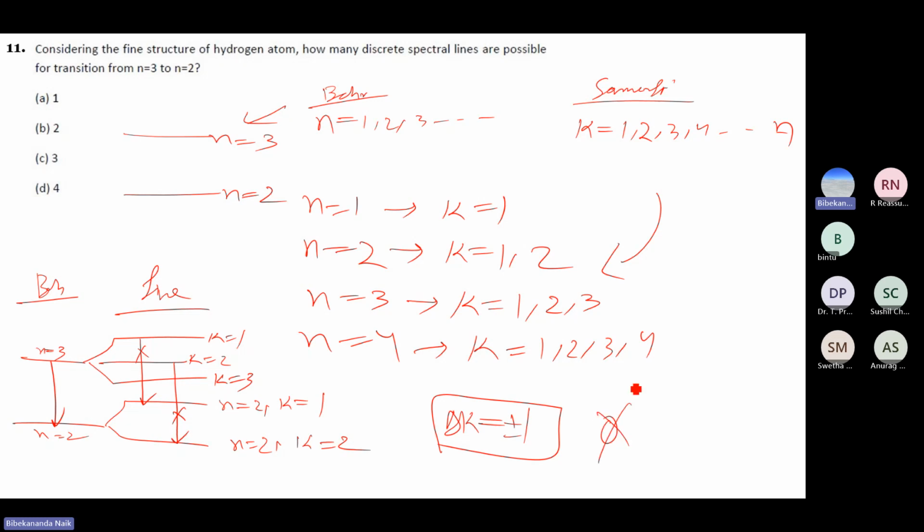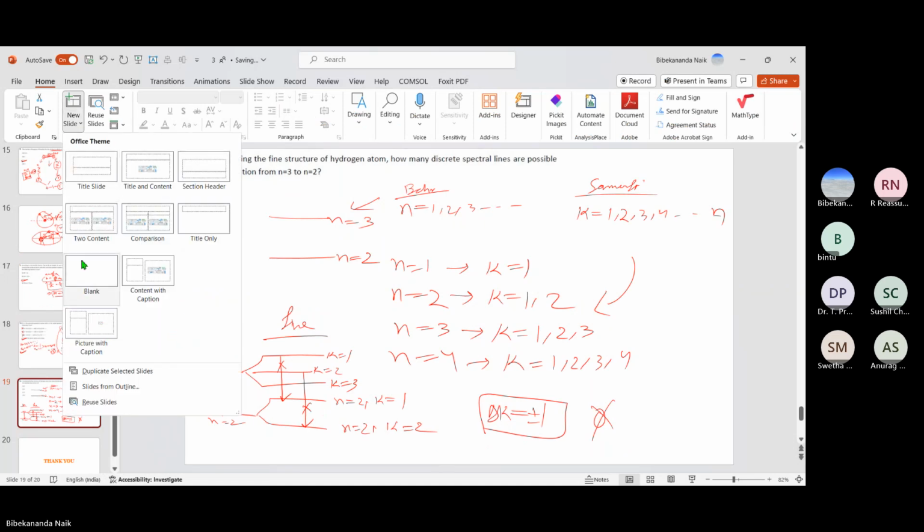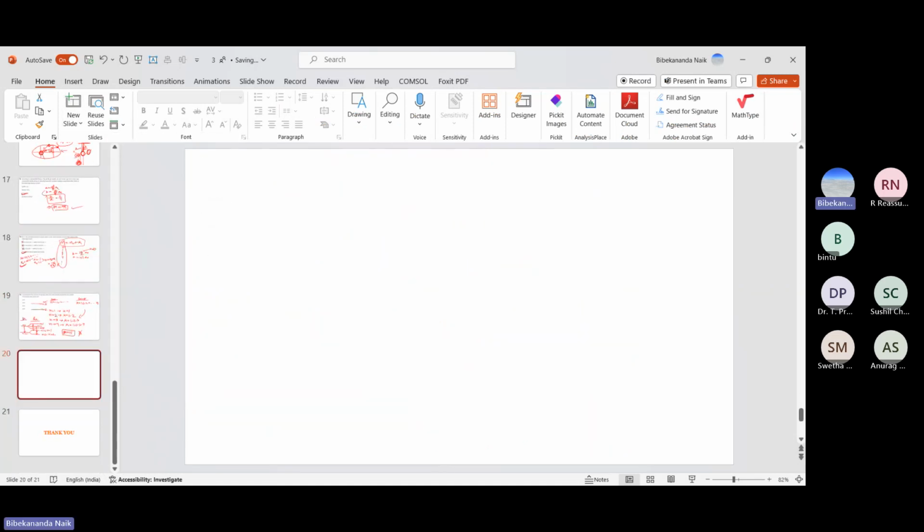So if you actually draw the allowed transitions, suppose there are three levels. These correspond to n equal to 3, k equal to 1; n equal to 3, k equal to 2; n equal to 3, k equal to 3.